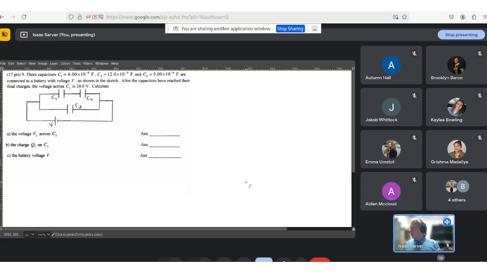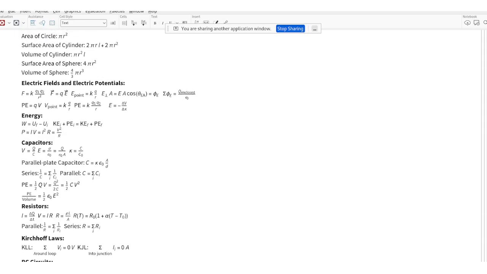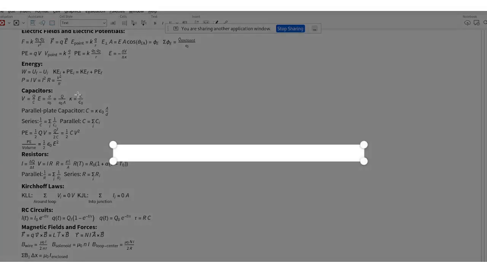Alright. So this is something I suspect I have failed to mention as a concept, but it's quite helpful to us. Let me grab my capacitor equations. There we are.